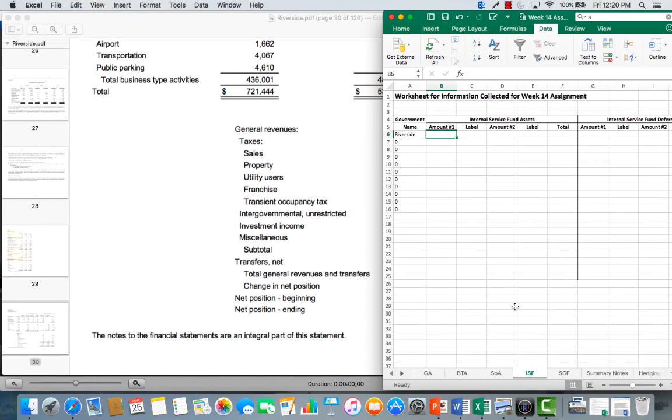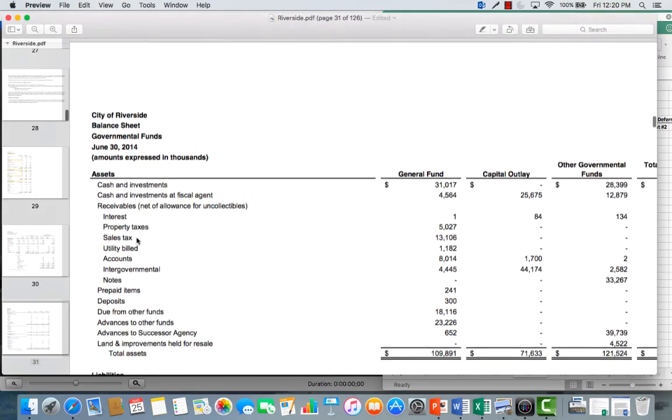We're not going to look at the enterprise funds because we just did business type activities, and except in very, very rare circumstances, those are exactly the same activities, and so the information should be the same. So let's go back to this.